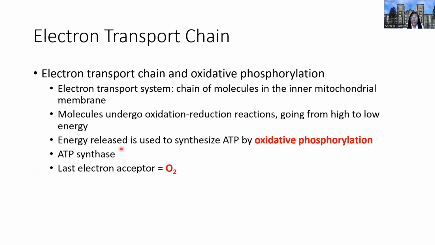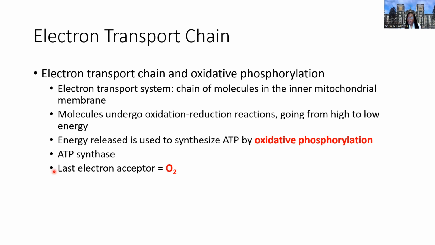The enzyme that is going to be used to catalyze the ATP production is called ATP synthase. So this is an important enzyme to remember. And the final electron acceptor is oxygen. So because we're passing those electrons along, in order to keep that chain going, oxygen must be present.